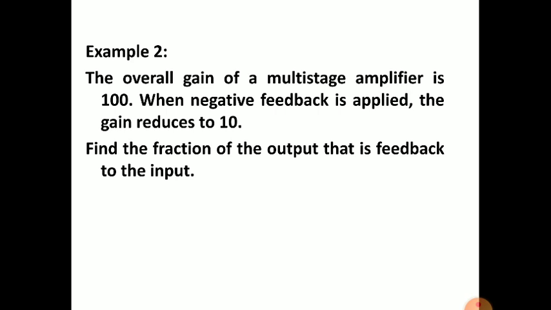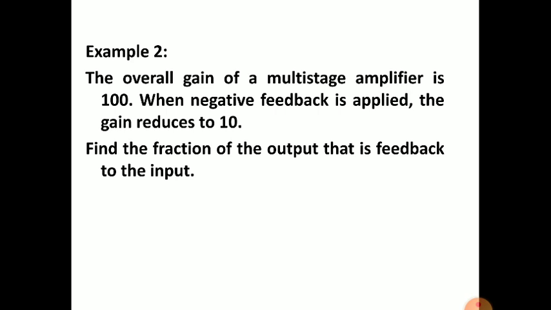Sometimes the English words may confuse you. The gain reduces to 10 means the gain became 10, not the gain reduced by 10. If the word by is given, then you should first calculate how much the gain became, and after that you should substitute it.